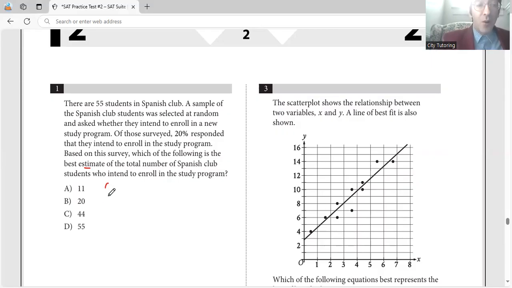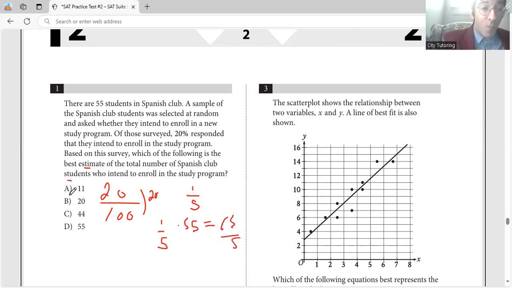So this is 20 over 100. And of course, you should always reduce your fractions, right? There's a common factor of 20. 20 goes into 20 once, 20 goes into 100 5 times. So that's a fifth. Then all I have to do is 1/5 of 55, which gives me 55 over 5, which gives me 11.